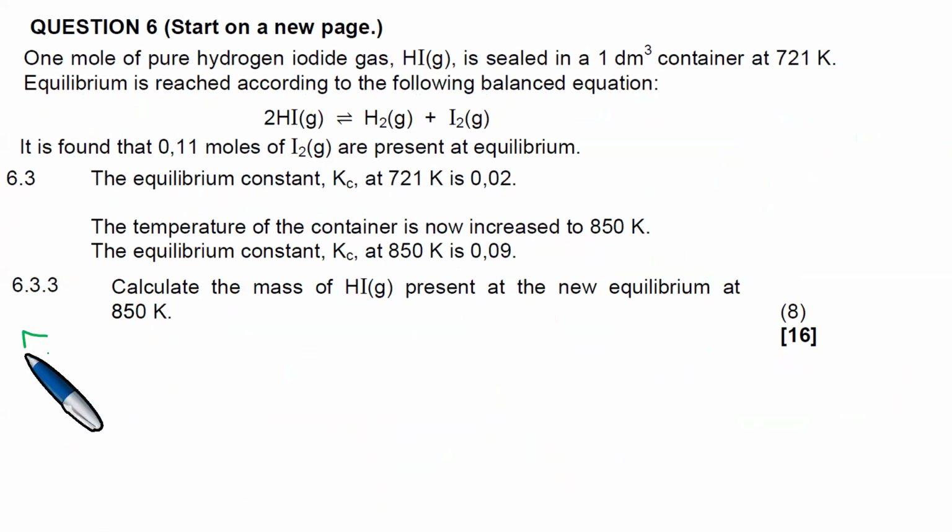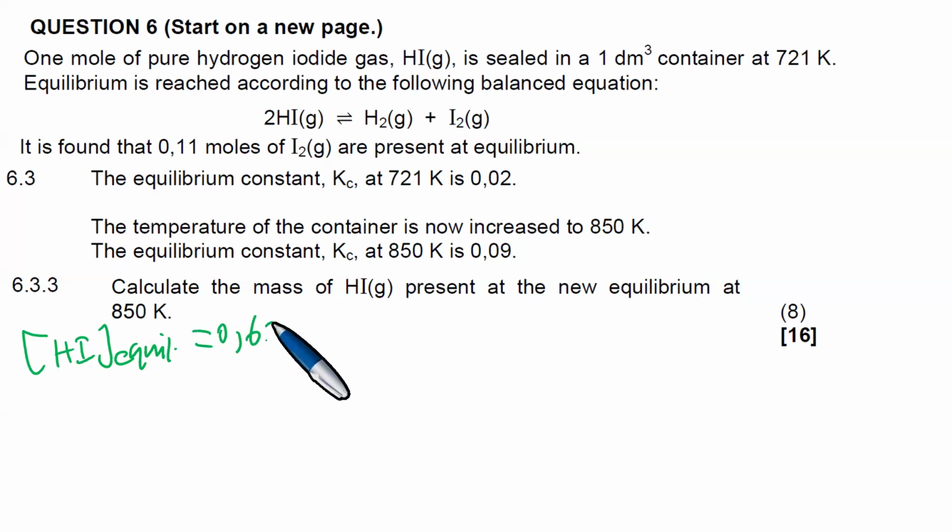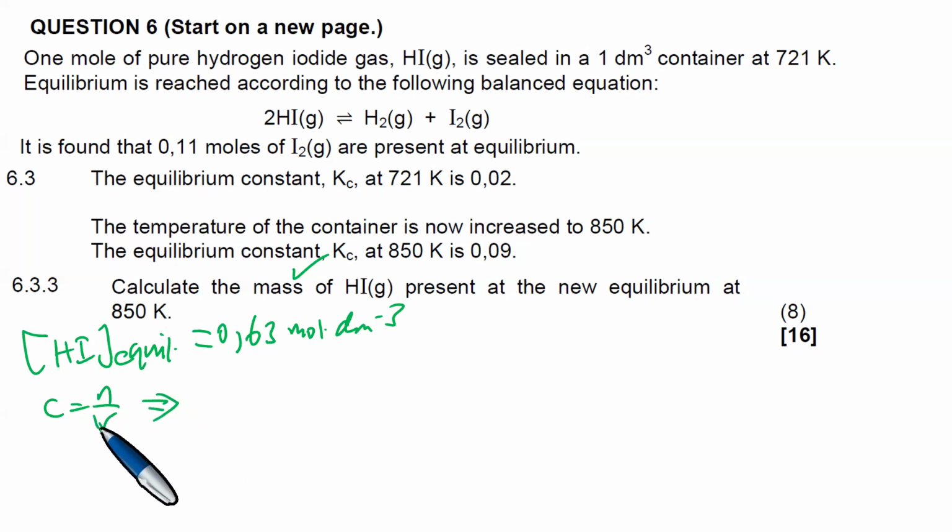So we have got the concentration of hydrogen iodide at equilibrium, and it is 0.63 moles per decimeter cubed. We want the mass. But we know that concentration is number of moles over volume. That's the formula. We want the number of moles to find the mass.